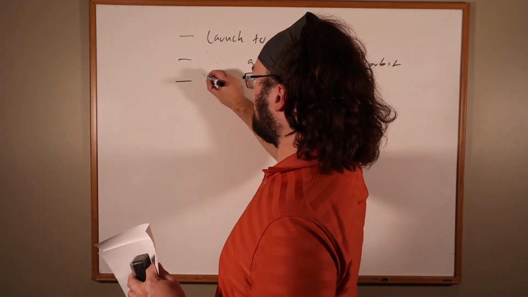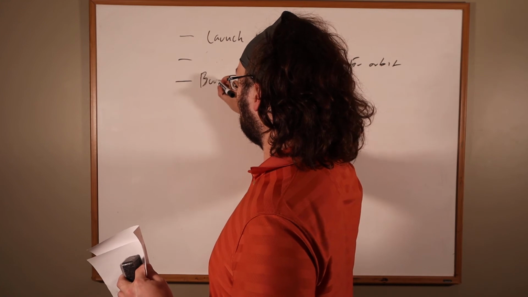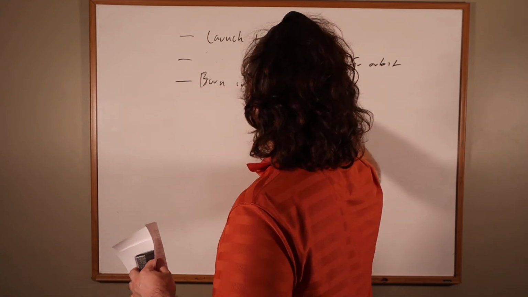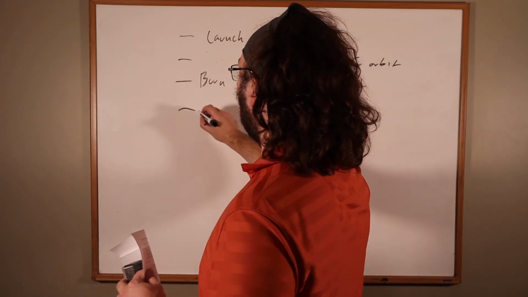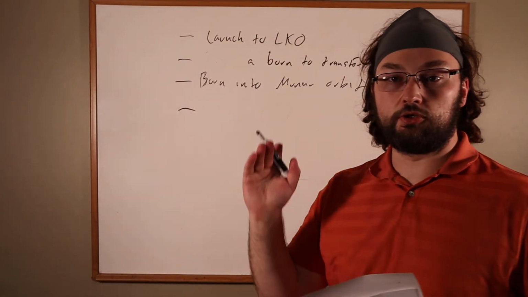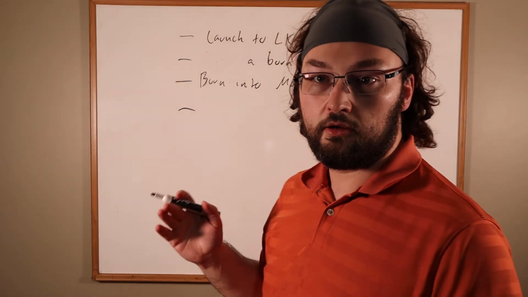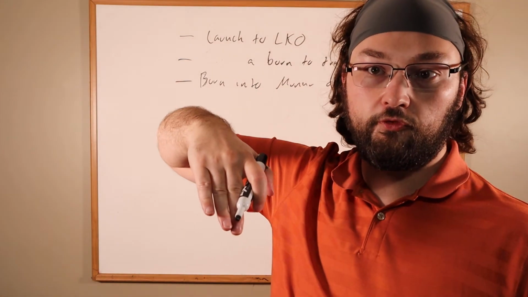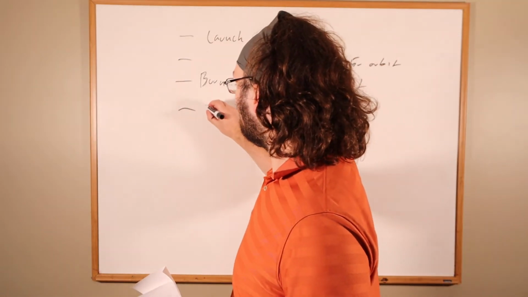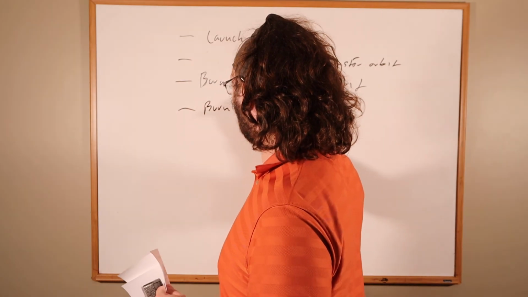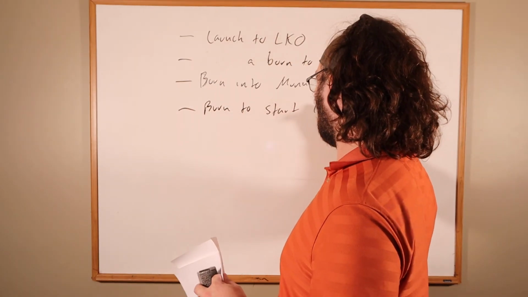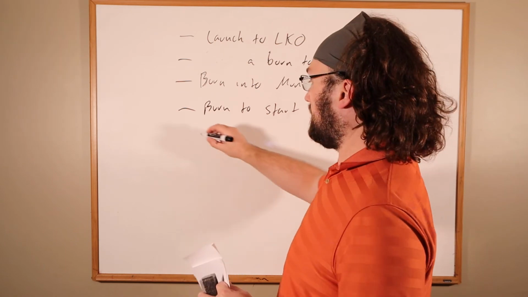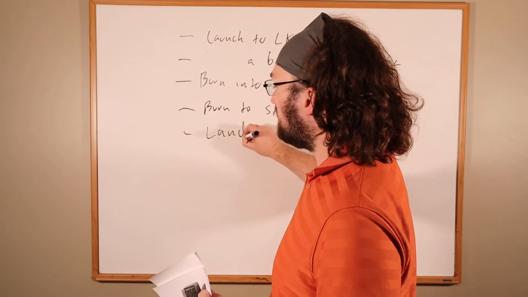Then we do a burn to circularize at the moon. Then we do a burn to set up for landing, a burn to drop our orbit so that we're going to hit the ground. Then finally we land, which I talked about before.